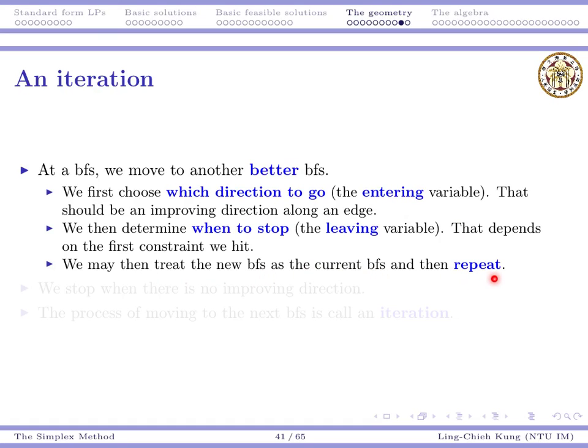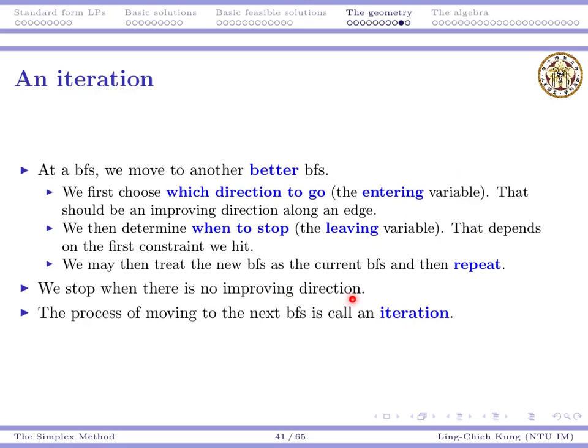So in one sentence, the simplex method is an iterative algorithm. We keep repeating what we're doing here, entering and leaving, until we get to a solution with no entering variable, because all the directions are not improving.